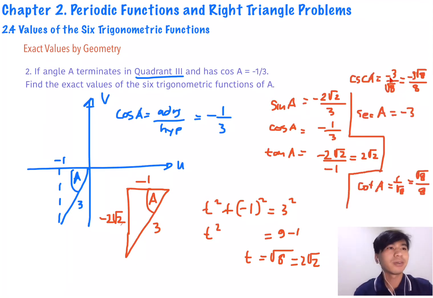I'll just put everything over here. So you'll get -3 over square root of 8 equal with -3 square root of 8 over 8, because we cannot have the radical under the denominator. And then secant A will be the reciprocal of cosine, which is -3, and then cotangent A will be 1 over square root of 8, because 2 square root of 2 is square root of 8. So I can write it as square root of 8 over 8.